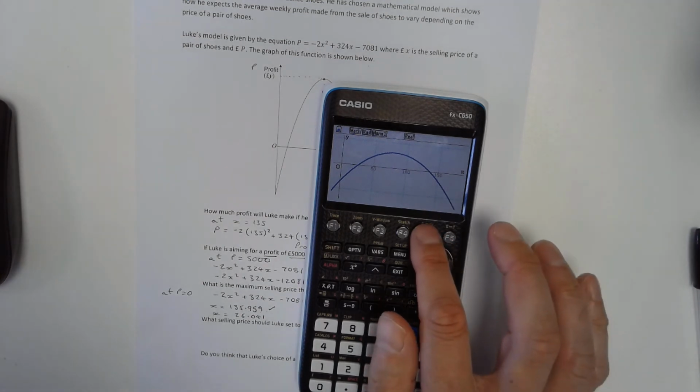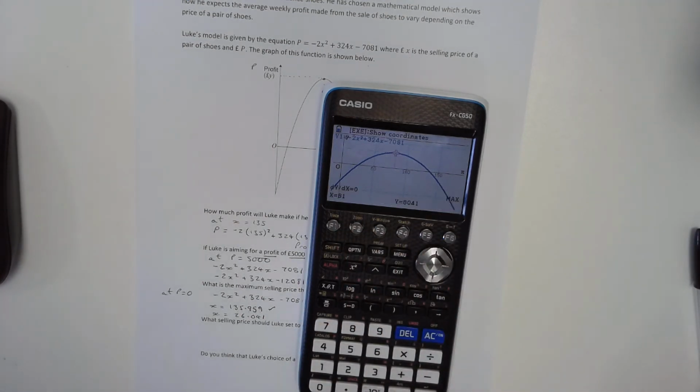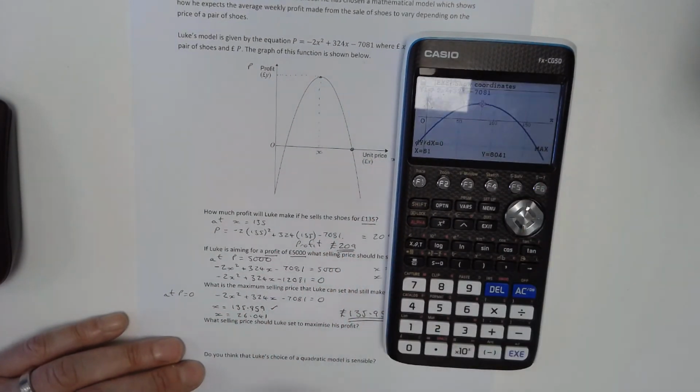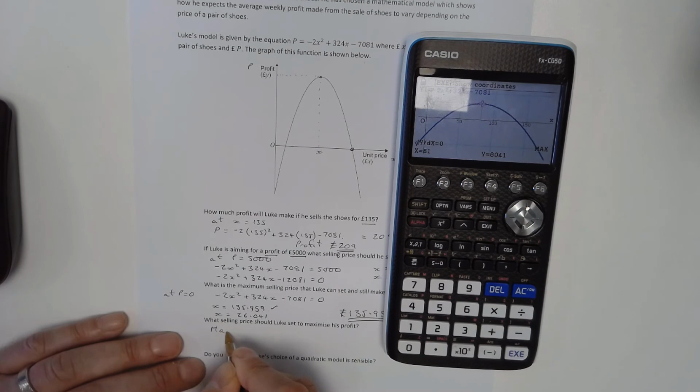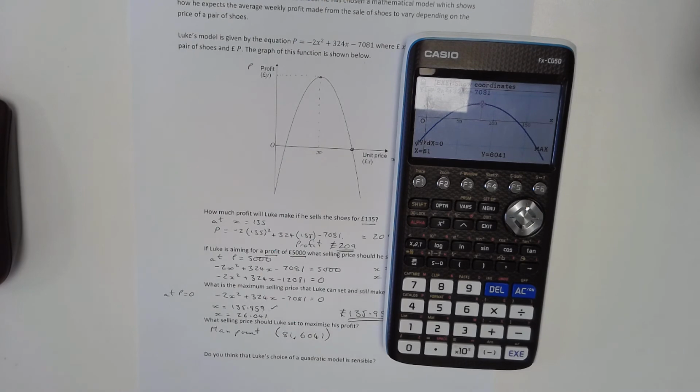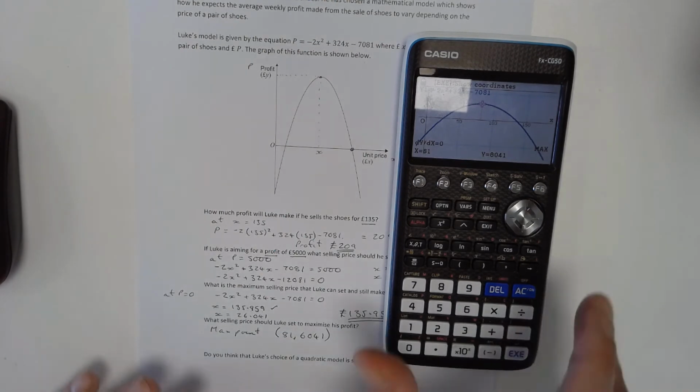Right, okay, so G-solve max, and I have got a maximum point of 81, 6041. Those are the coordinates of my maximum point.